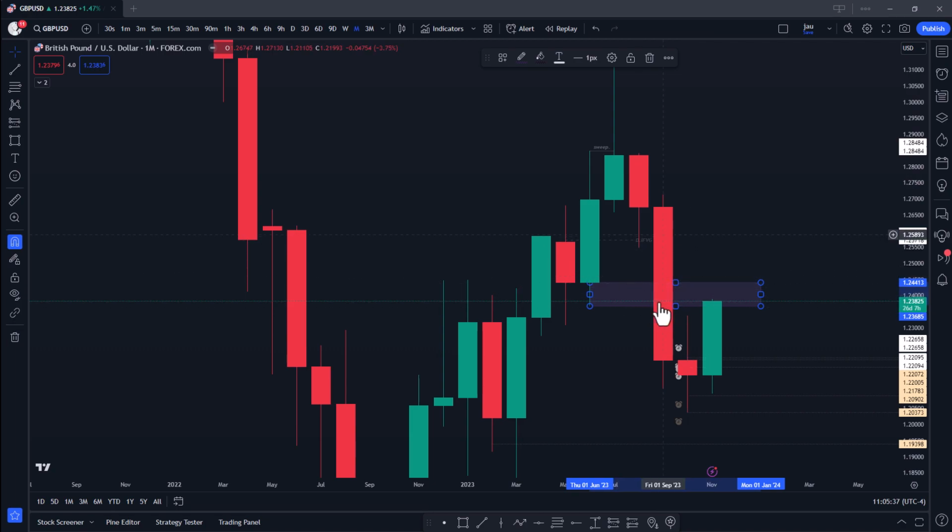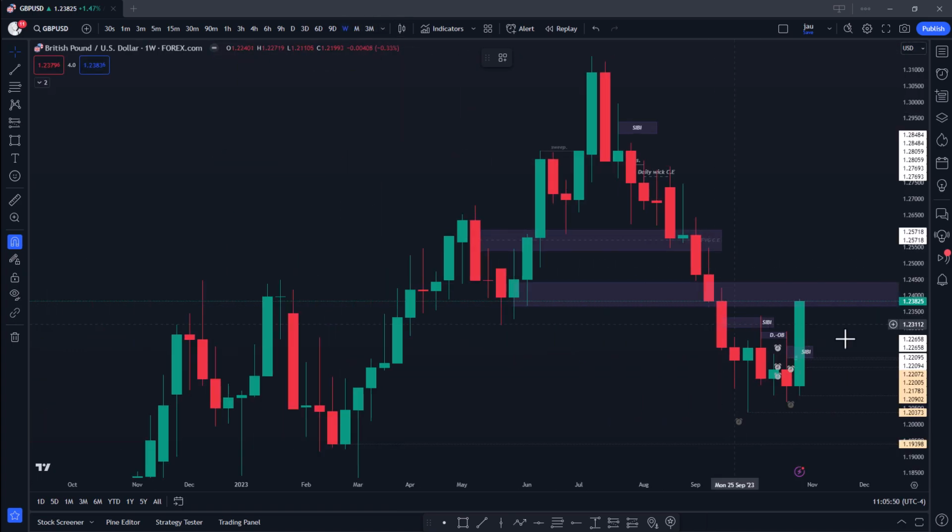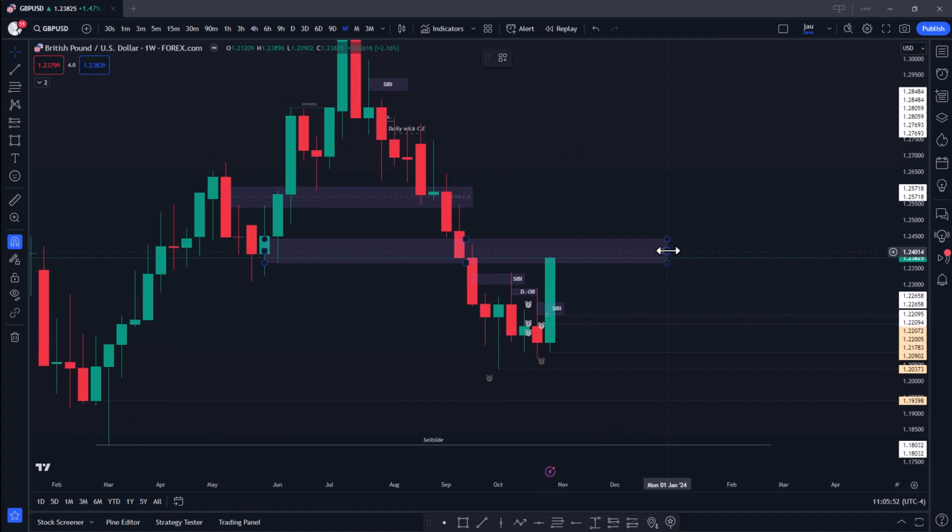But because it's within the monthly sell side imbalance, I would have considered maybe taking selling opportunities from that area. On a weekly chart, it doesn't look like much, but still the same idea to push price lower.